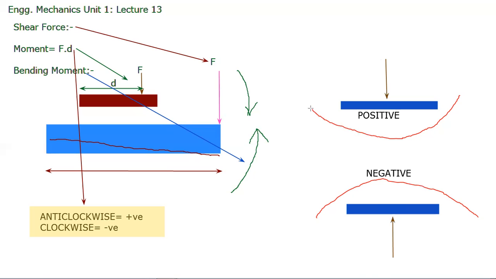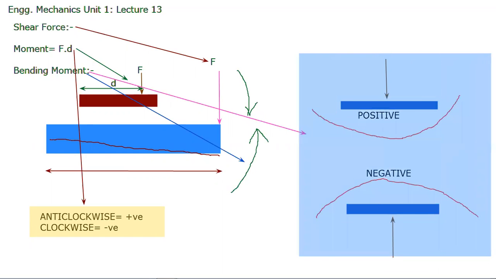So this we take as positive, this we take as negative. But this is for the bending moment only, remember this thing, not for the moment.